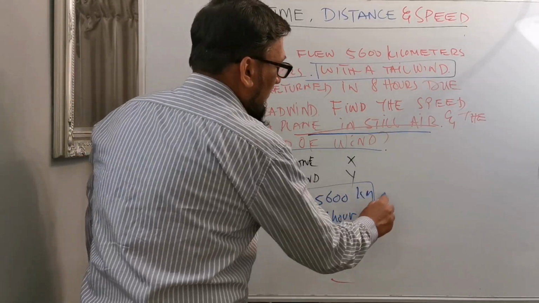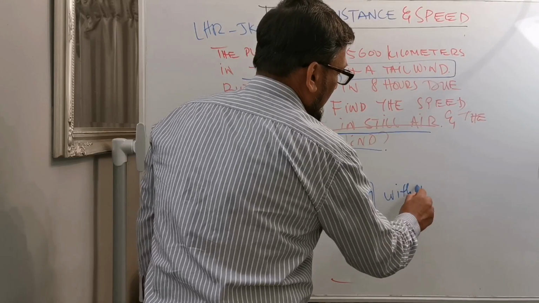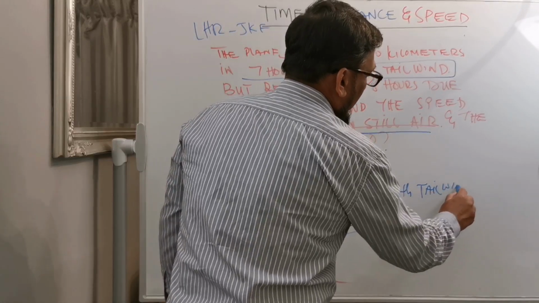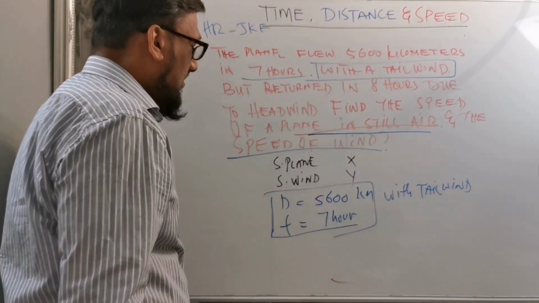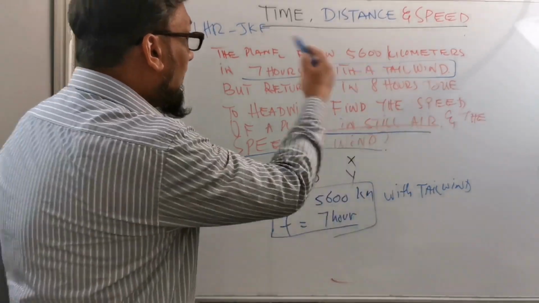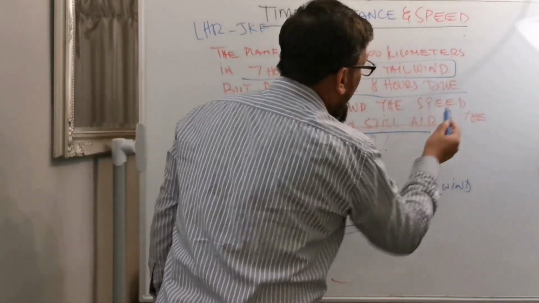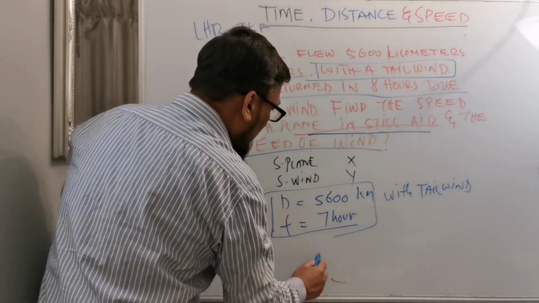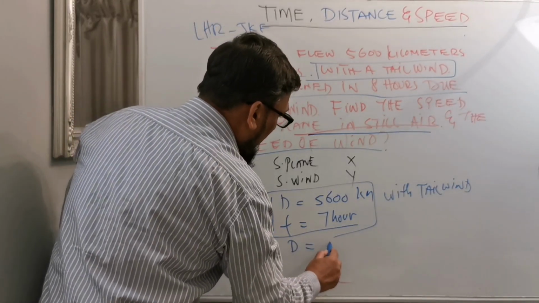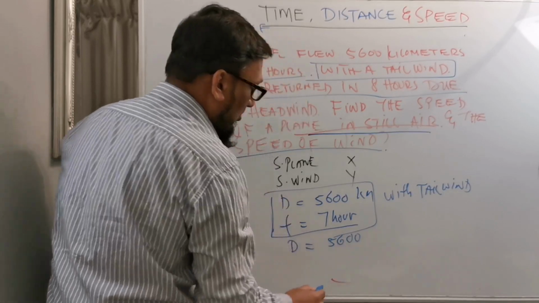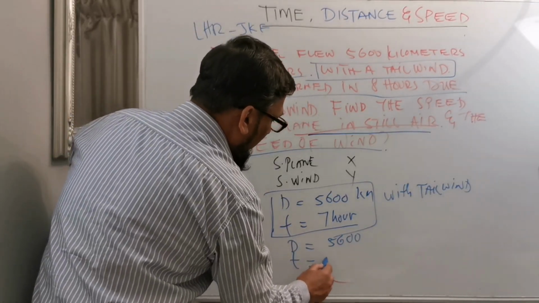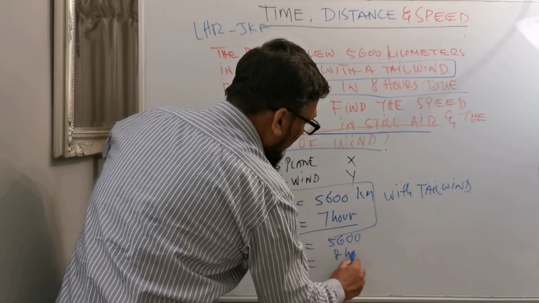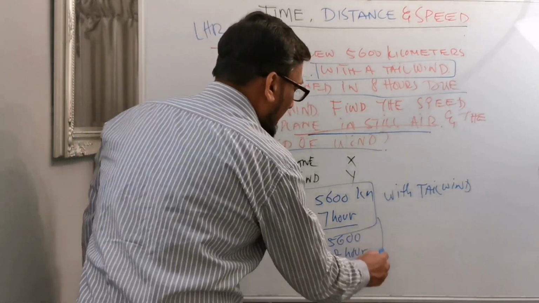So with tailwind, 7 hours. But on the way back, return in 8 hours. So it took the same distance, D equal to the same 5600, but the time took 8 hours. Why?